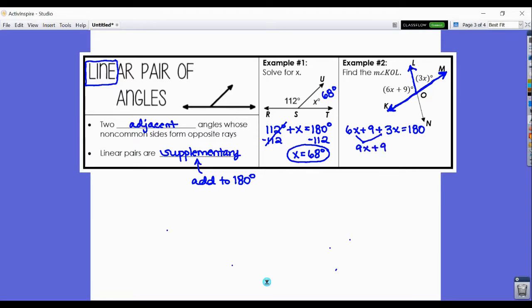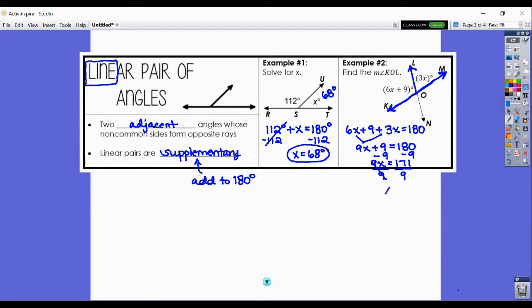I leave the 9 plus 9, and it still is equal to 180. Now that I have combined everything on one side, I have to move over my number to the other side and then divide by 9. So I subtract 9. 9x equals 171, and I divide by 9 to get my answer. X is equal to 19.